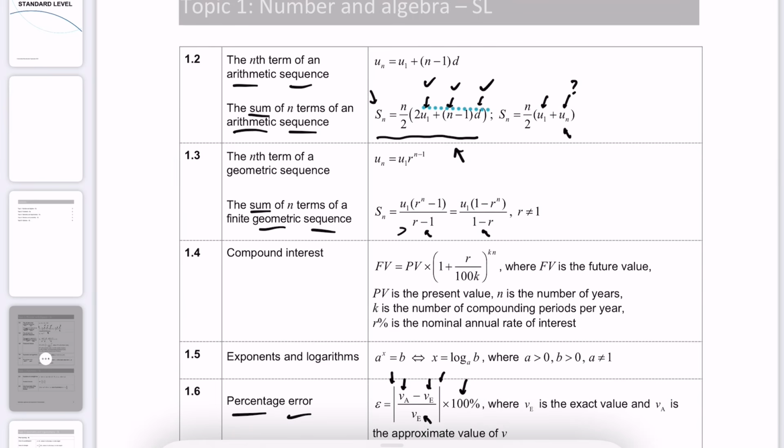So let's say if r is 2, we have 2 minus 1, there's no negatives in the denominator, and we say, okay, let's use this, it's a little cleaner. Or if r is 1/2, we have 1 minus 1/2, and so on. It doesn't really matter so much, because by and large we'll put this into the calculator. I think this is standard as any other. So let's just go with this first value.